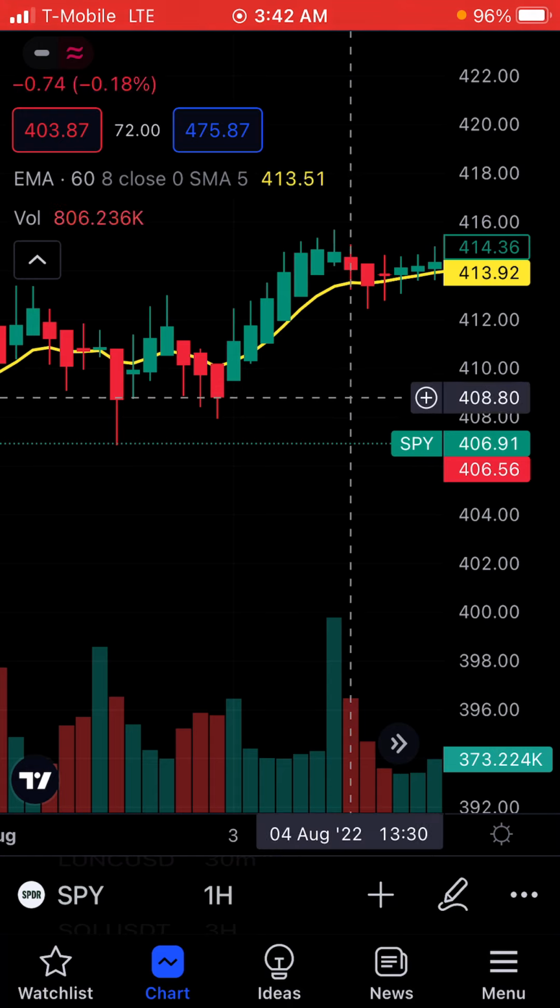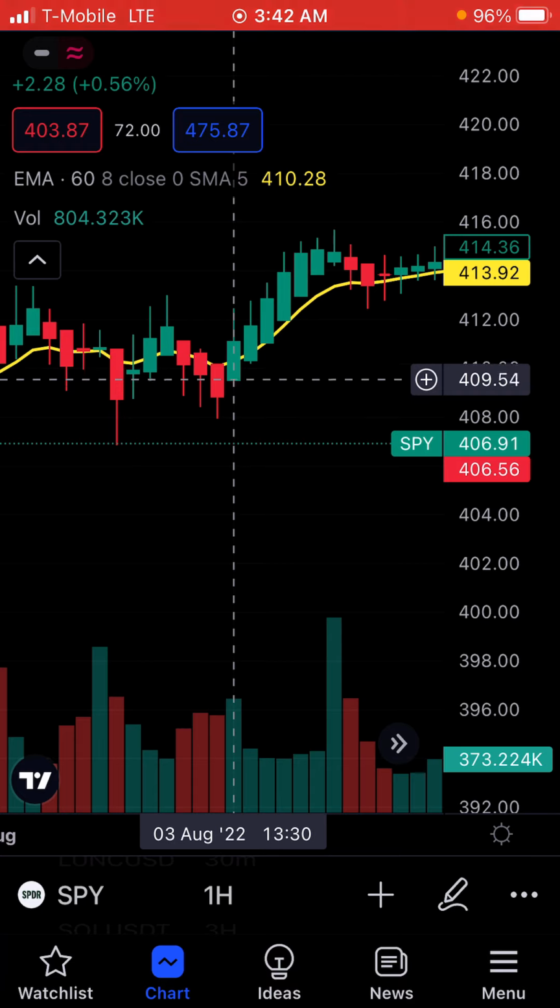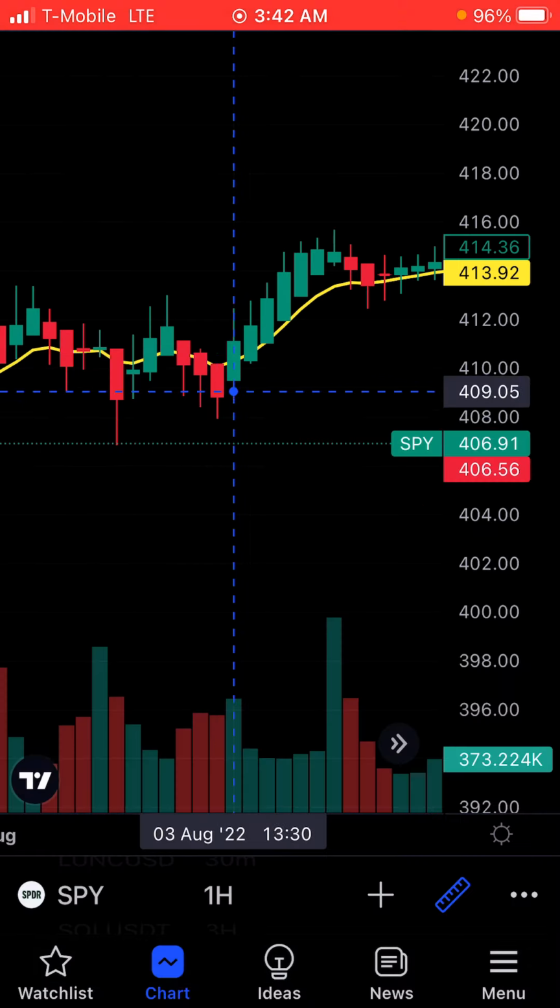Okay, so we see right here, we see a red and then a green. The volume for this green is 804,000. So what I would do in this situation is I would do a call for 406 or around there.